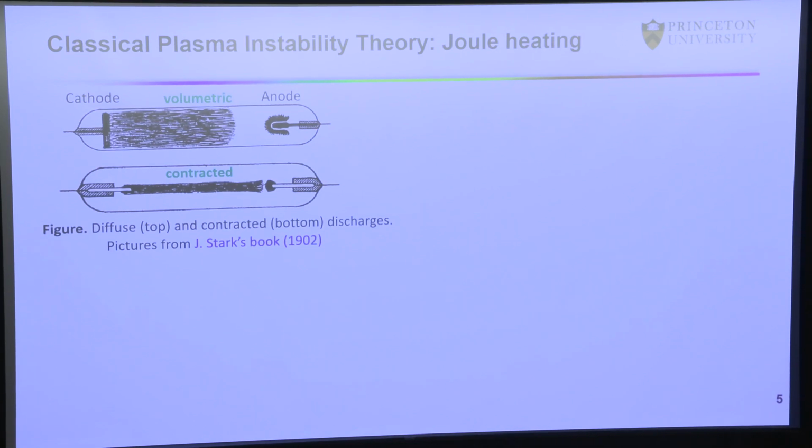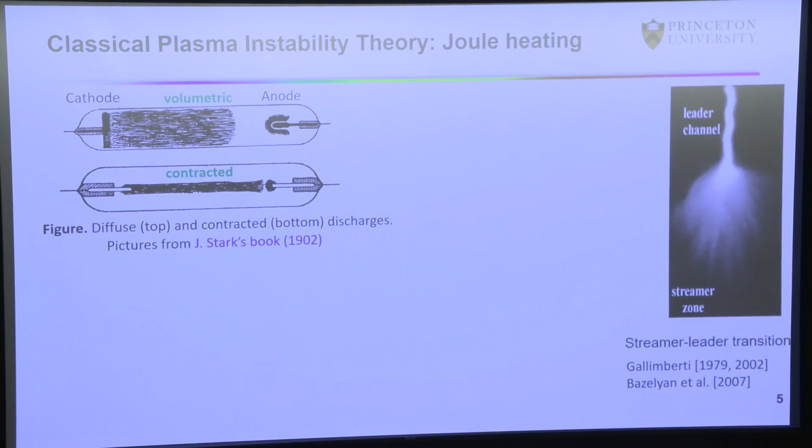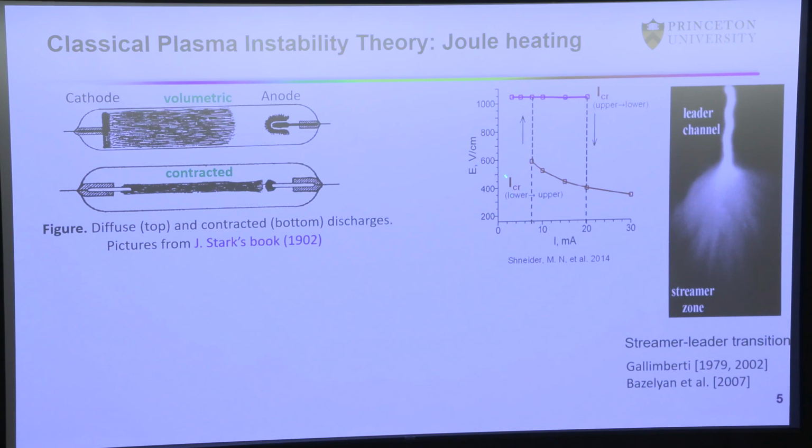They tried to understand that contraction as an instability. Sometimes you have a plasma with glow discharge at the head, and at the bottom the plasma contracts and becomes a leader, or contraction. So let's try to understand this.